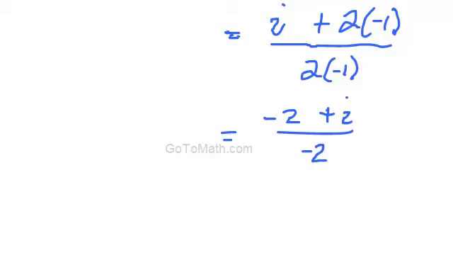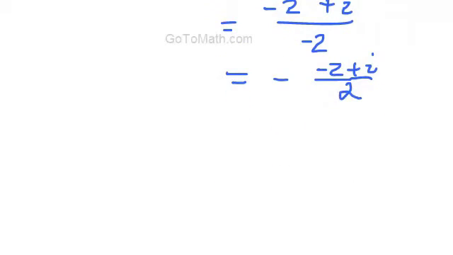Now this can mess a lot of people up, these negatives here. What we're going to want to do is take this negative out front. Up here we have negative 2 plus I, over 2. And then what we'll want to do is distribute this negative across inside here. So we're going to have 2 minus I. My 2's are looking like I's.